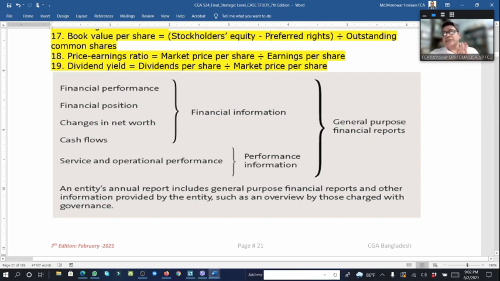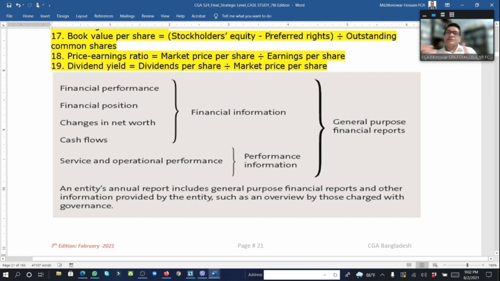But management accounting is not in the public domain. Also, the cost audit report is not a public document. It's within the organization. Management report, MIS data, etc. are all within the organization, not for the general public. And the management reporting is also within the organization for decision making by the management.